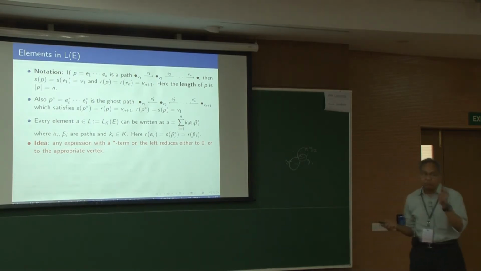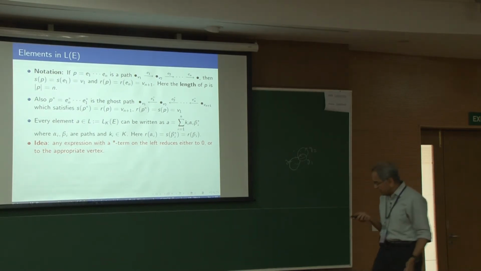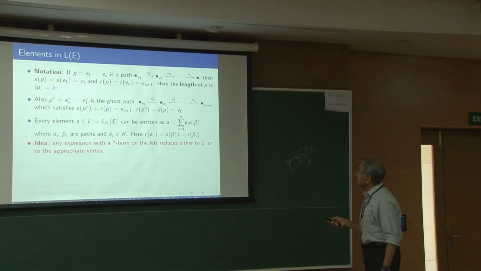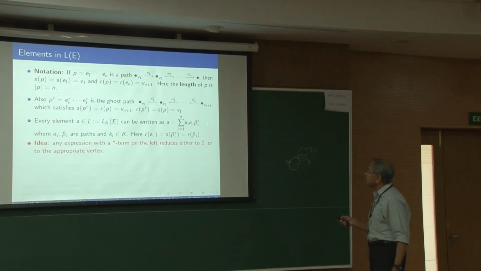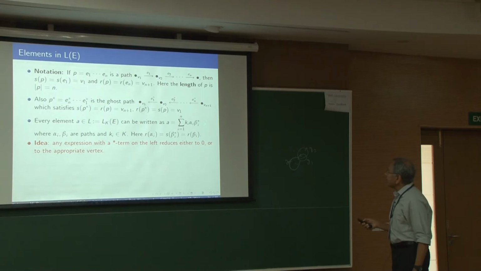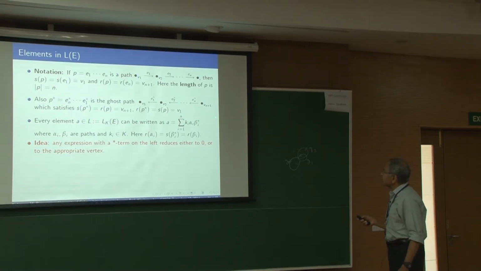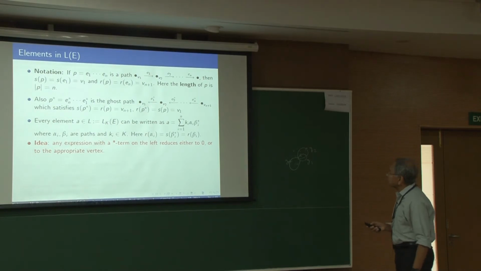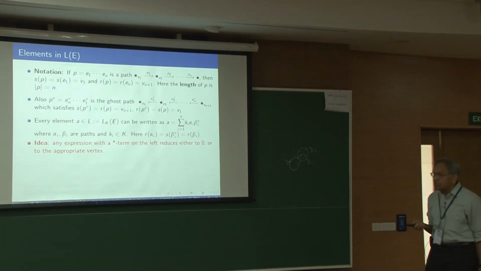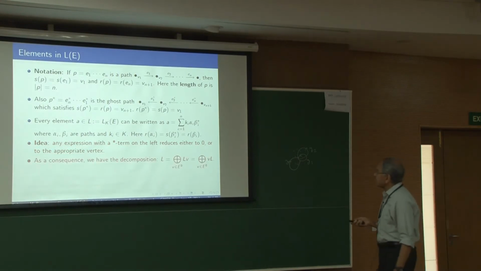By using the CK1 relation successively, every element in the Leavitt path algebra can be written this way. And because the range of beta i star is simply the source of beta i, I can put a vi here, which indicates that A actually sits inside a direct sum of copies of the rectangle.